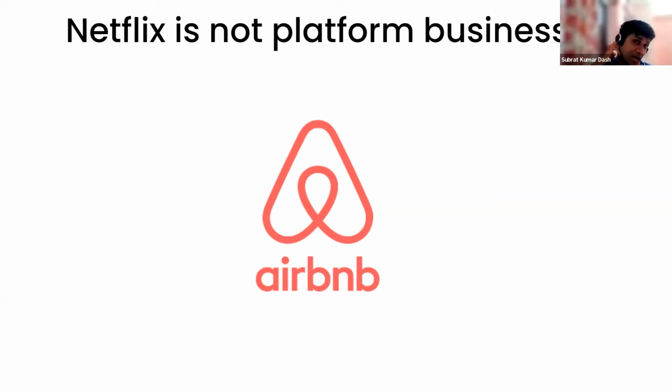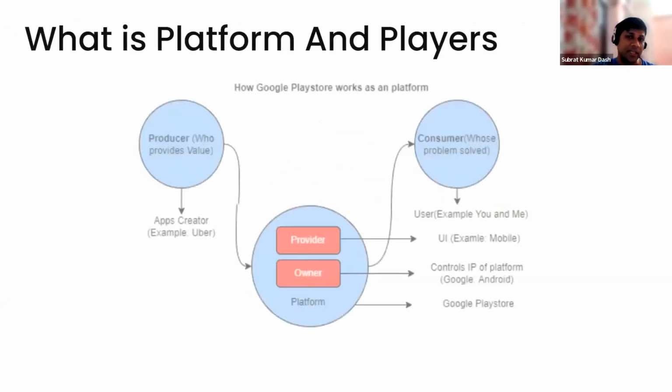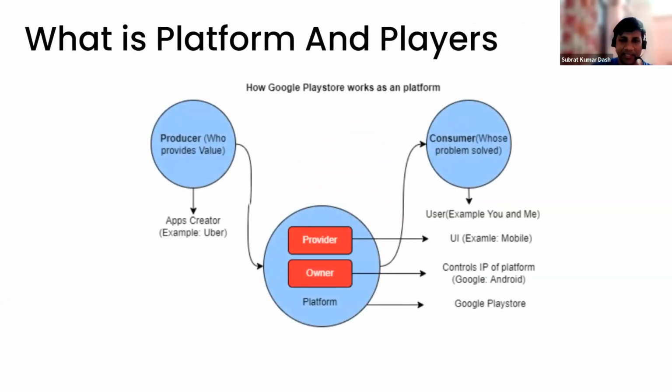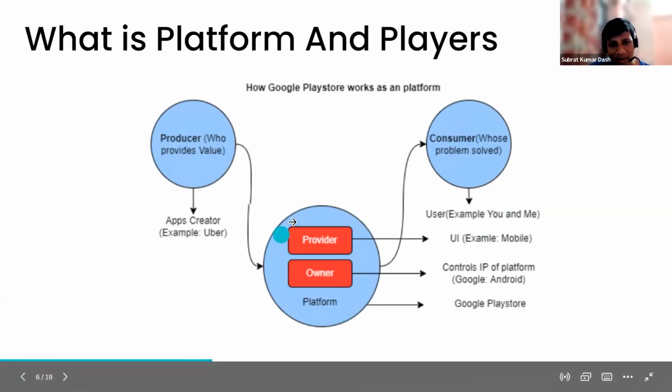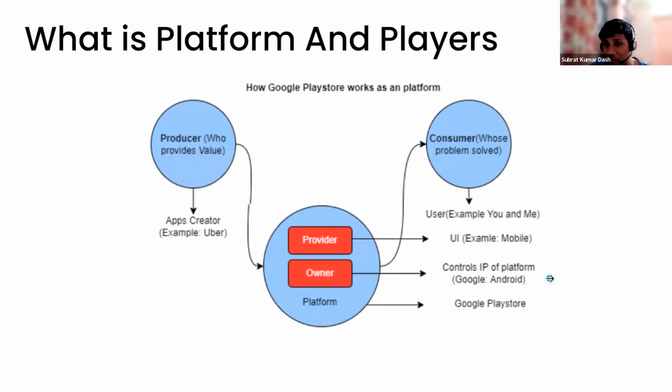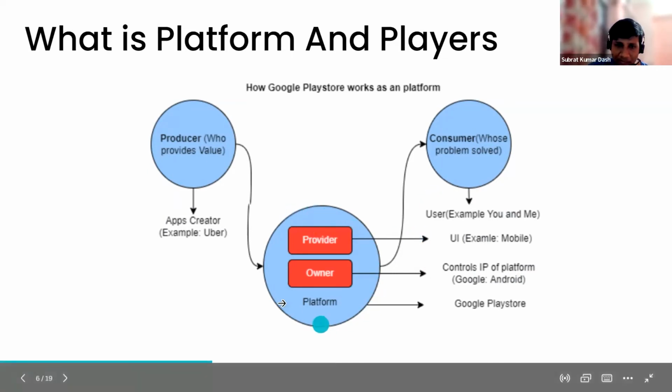Okay, so I will tell you what the elements of a platform are. Just to give a little example, take the Google Play Store. It is a platform where the owner controls the IP, Google's Android, and the provider is your mobile app, which you access through the Google Play Store. In that platform, you have two sides connected.